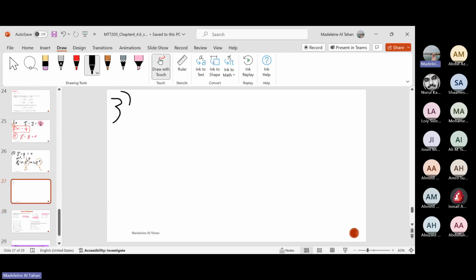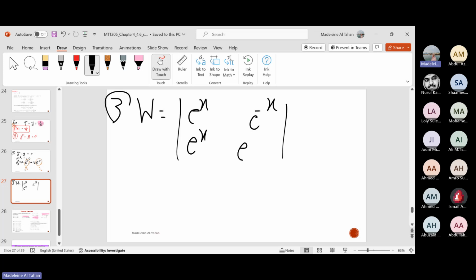Now the step after it, we need to find the Wronskian. e^x, e^(-x) here. So e^x times negative e^(-x) minus e^x times e^(-x).